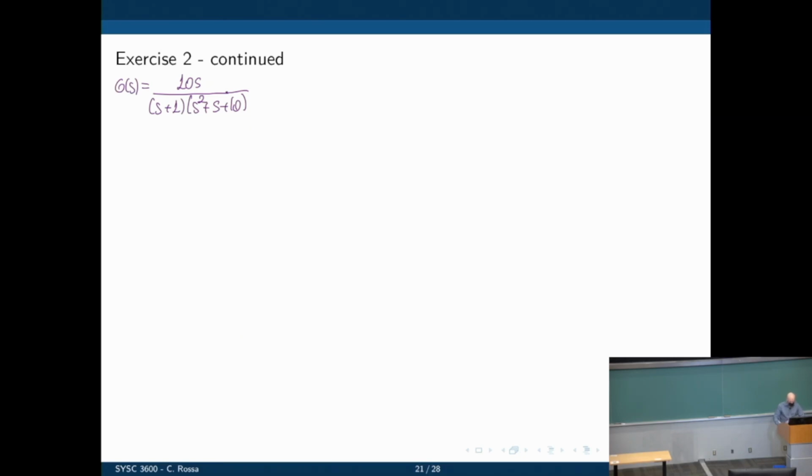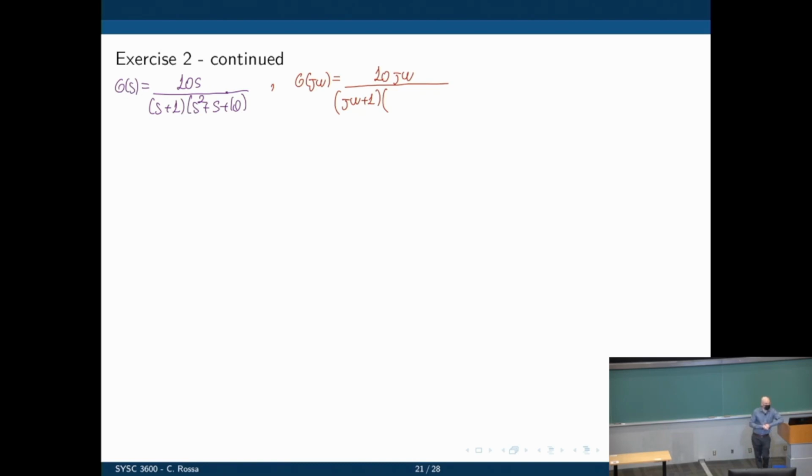So here we have the transfer function. We can replace s with j omega. And then you have 10 j omega divided by (j omega plus 1) times (j omega squared plus j omega plus 10). What is j omega squared?